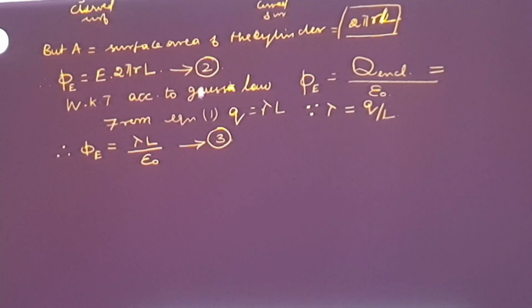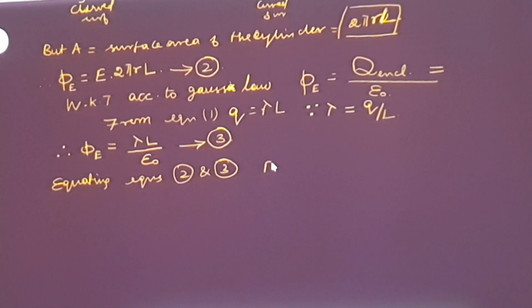Now you equate equation 2 and equation 3. Because both the left hand sides are equal, you have to equate both the right hand sides. So equating equations 2 and 3, we can say E into 2 pi r L is equal to lambda into capital L divided by epsilon 0.